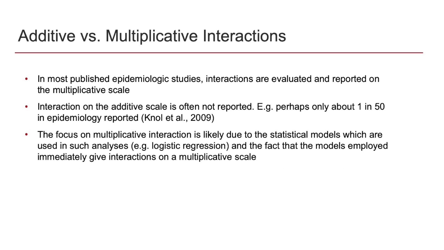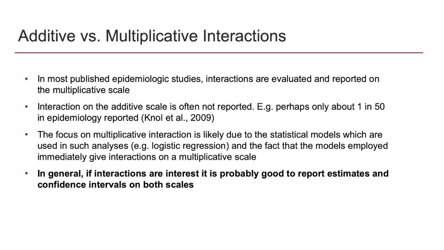So the focus on multiplicative interaction, as I said, might be because of its ease in using statistical models, which are commonly applied, for example, in logistic regression analysis, and the fact that the models immediately provide interpretation of interaction on the multiplicative scale, and people tend to use them without necessarily thinking about which scale the interaction is on.